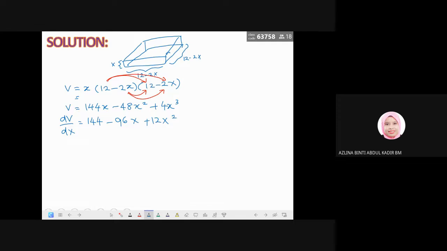Then you equate dV/dX to 0, so 144 minus 96X plus 12X squared is equal to 0. We get a quadratic equation. You factorize, so you get 12 times (12 minus 8X plus X squared).